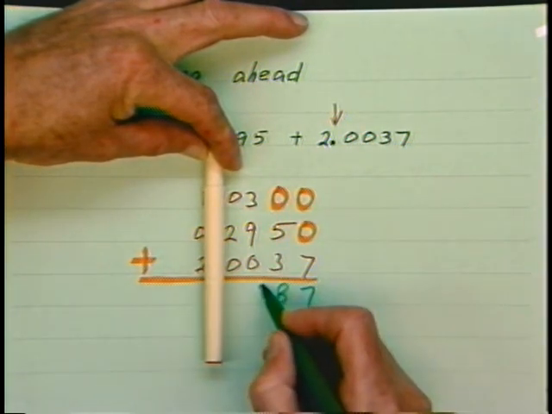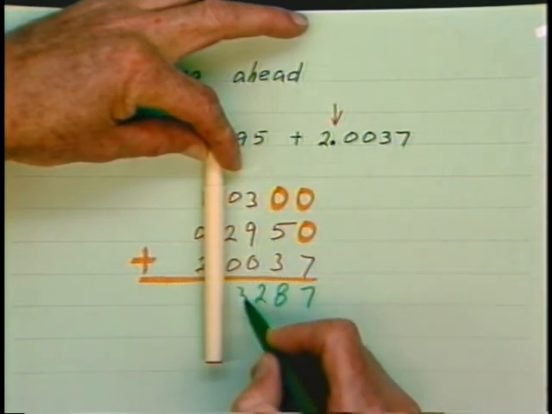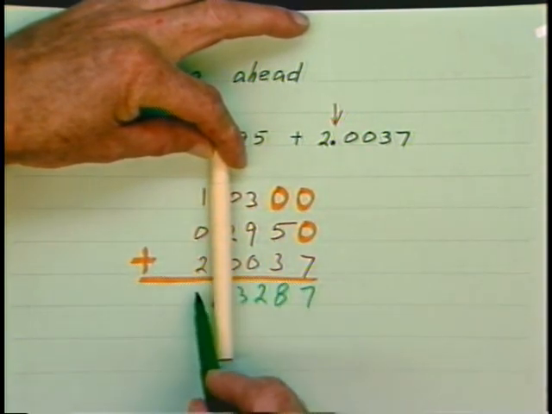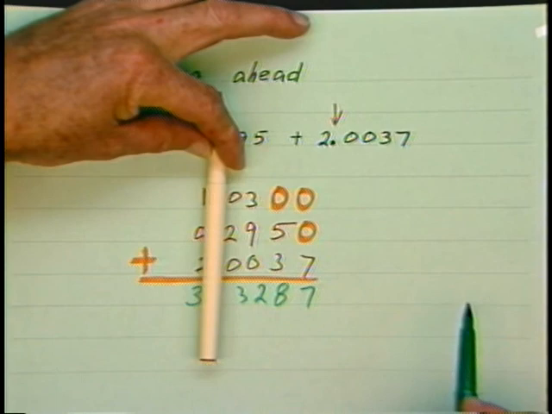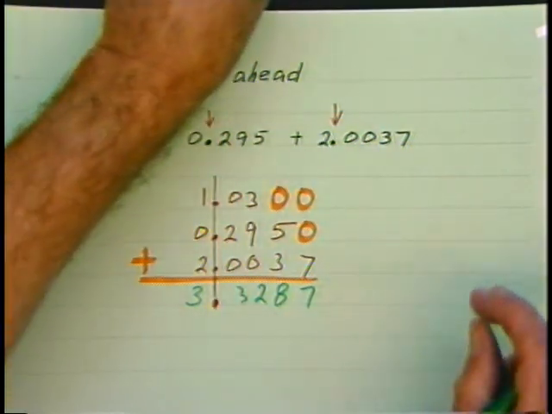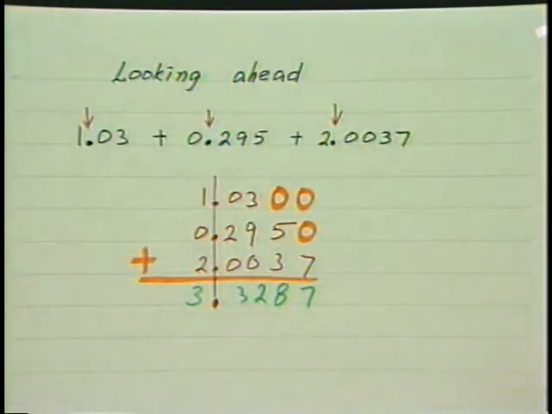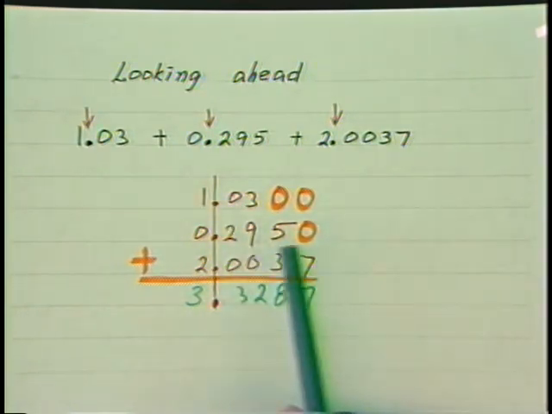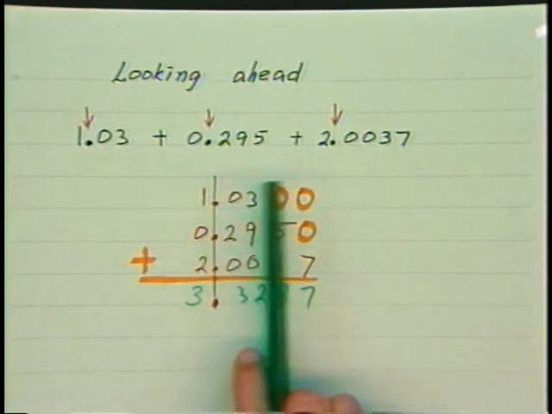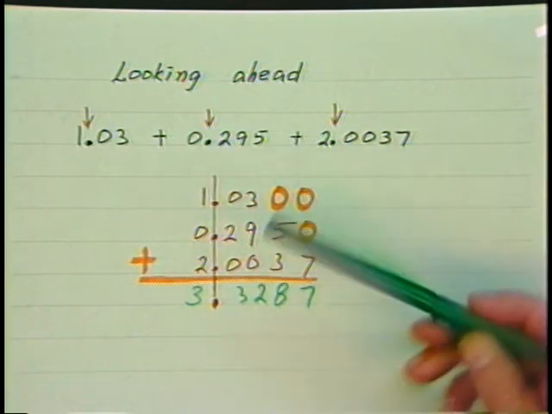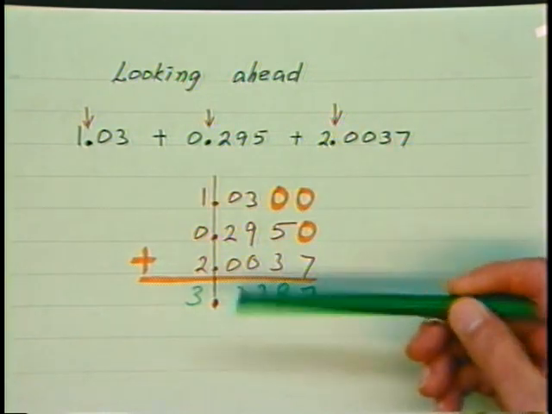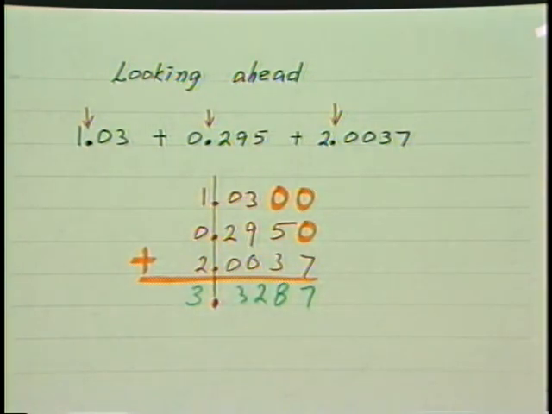So we're just adding as though we had a whole number problem. But in fact, we have done a fraction problem. There is the great beauty of the invention of the decimal system. It allows us to work fractions, which are quite messy, as though they were whole numbers, which is quite easy.